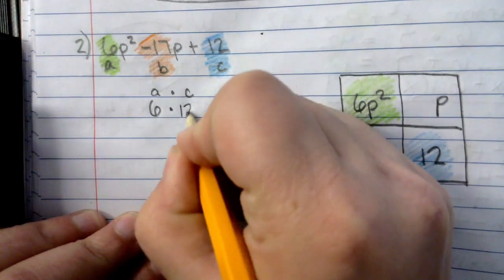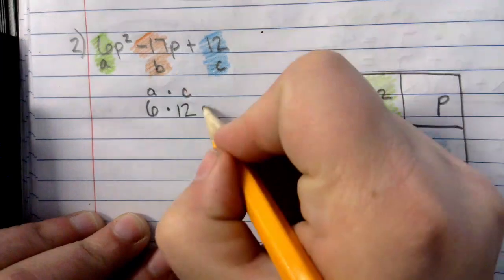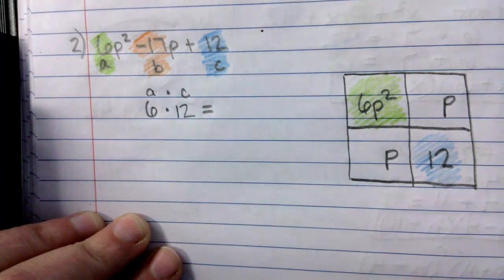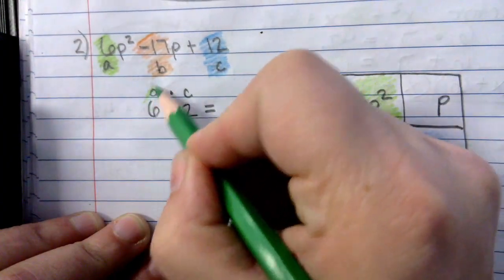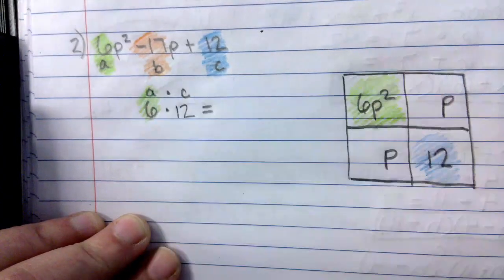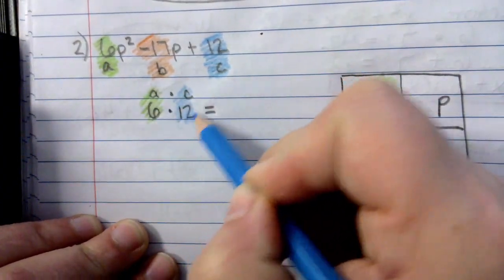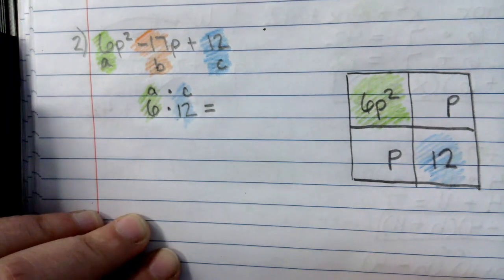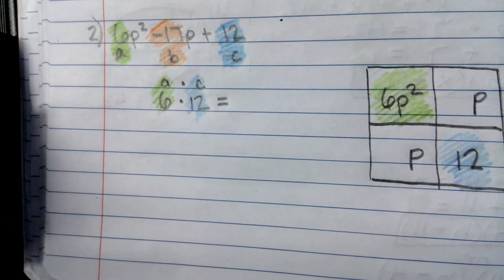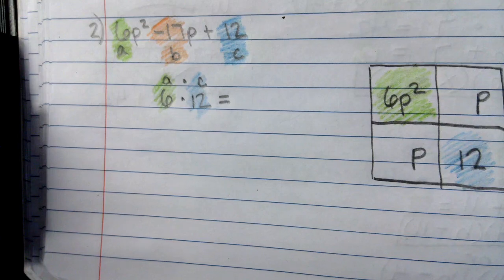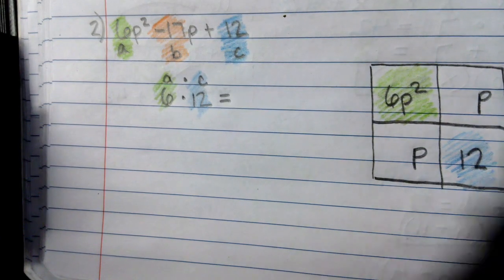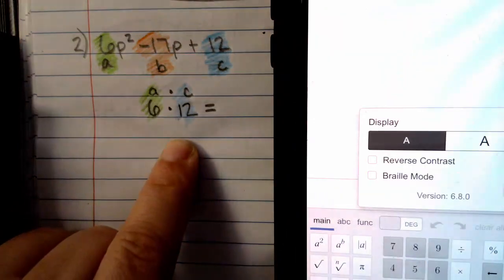At this point, I still really like to color code. At some point, it gets a little excessive, but this part I like to do still. Alright, if we're not sure, we can always use Desmos to help us. So 6 times 12, we get 72.